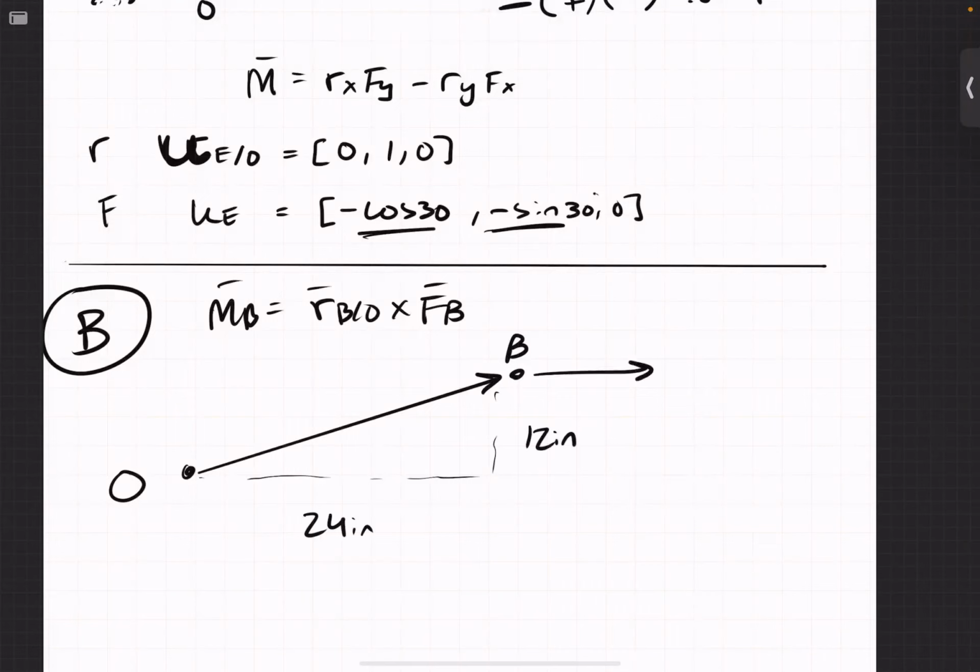Instead of our R component only being linear in one direction, the F component is only in the X direction.